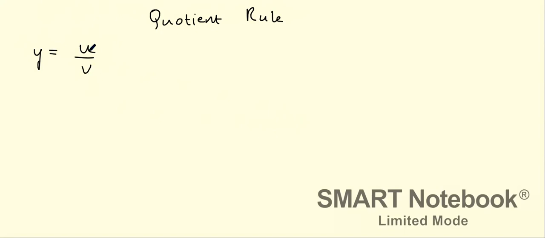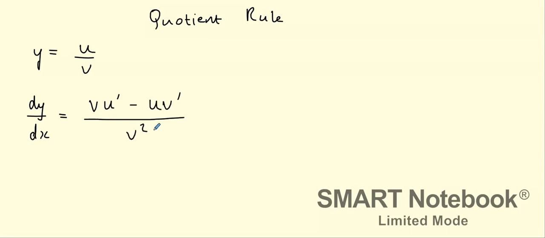So if we have some function at the top divided by some function at the bottom, the quotient rule will allow us to differentiate that. So in that case, dy by dx is going to become vu dash minus uv dash all over v squared.